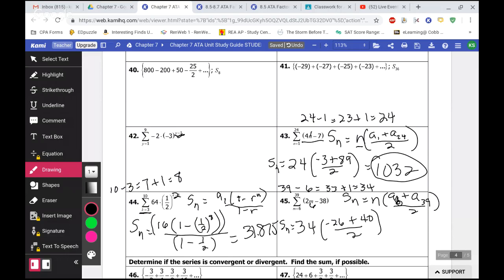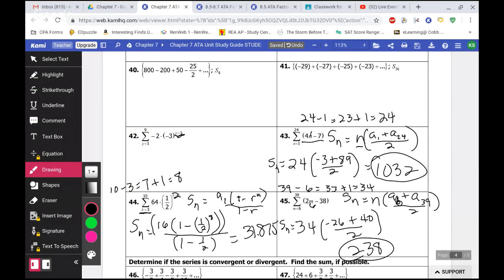So I've got negative 26 plus 40 divided by 2. So that's 7 times 34 is 238. Is that what y'all got? Yes. Yay. Good. All right.